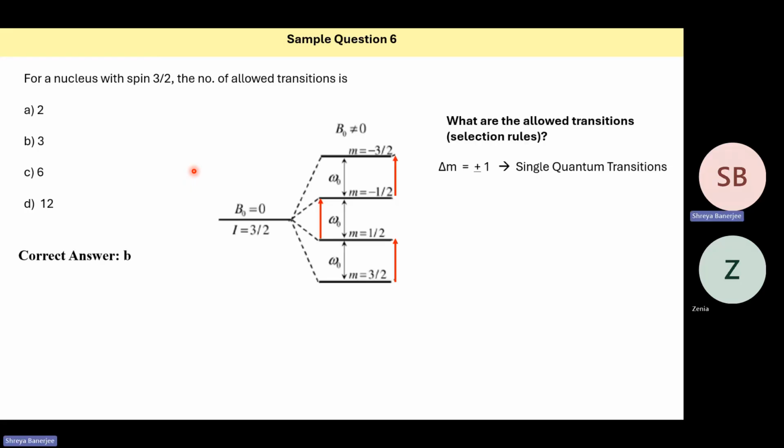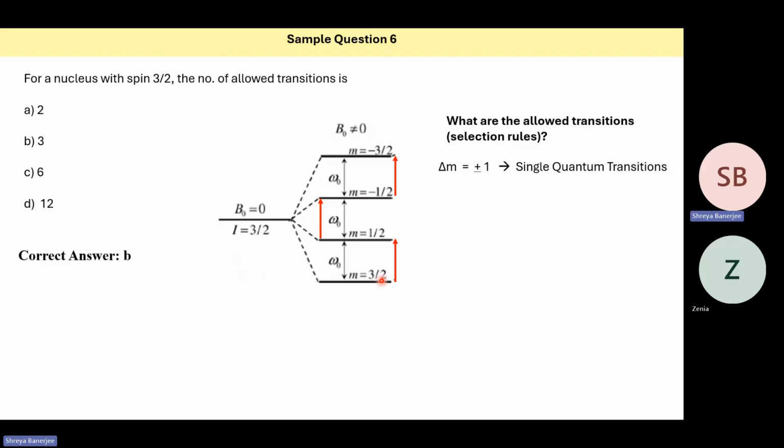So here, if I is 3 by 2, we know m is minus I to plus I in increments of 1. So m will be 3 by 2, half, minus half, minus 3 by 2. These are the four m's. And the selection rule tells us that single quantum transitions are allowed. That is, m can change by plus minus 1.